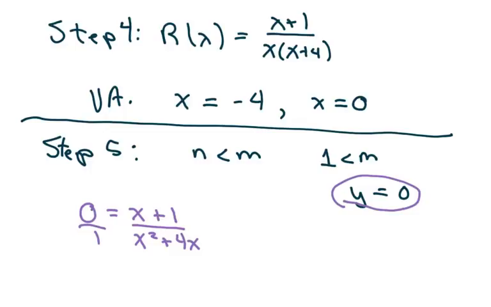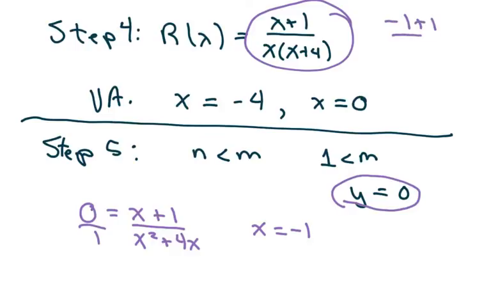So we get x equals negative 1. And when you plug that back into the original equation, you're going to get 0, because you would get negative 1 plus 1 over something, and that's 0 over something. It's just going to be 0. So our point is negative 1, comma 0. That's where it intersects the horizontal asymptote.